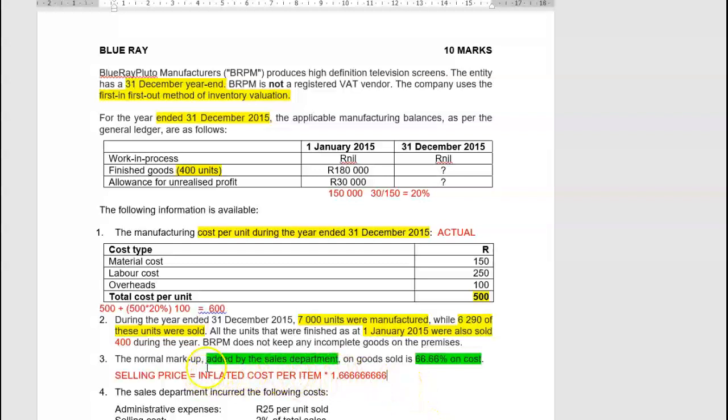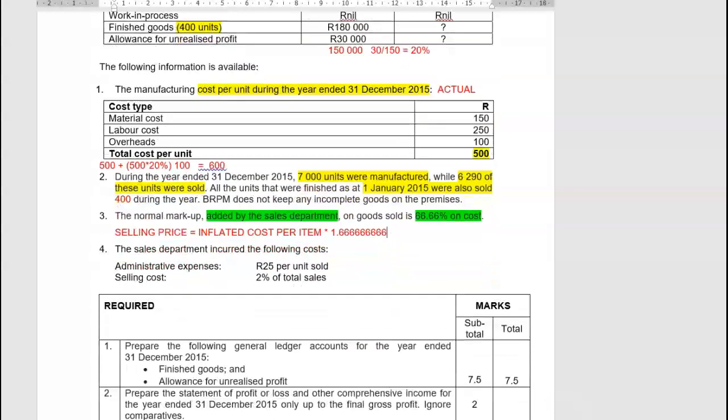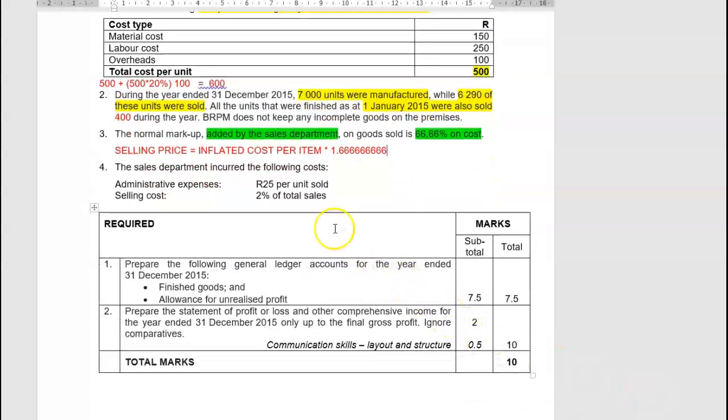So this is not to do with the internal transfer from the production area to the sales department. This has got to do, number 3, with what we are going to charge our clients for this item that we're going to sell. Then the sales department incurred the following costs: admin expenses and selling costs.